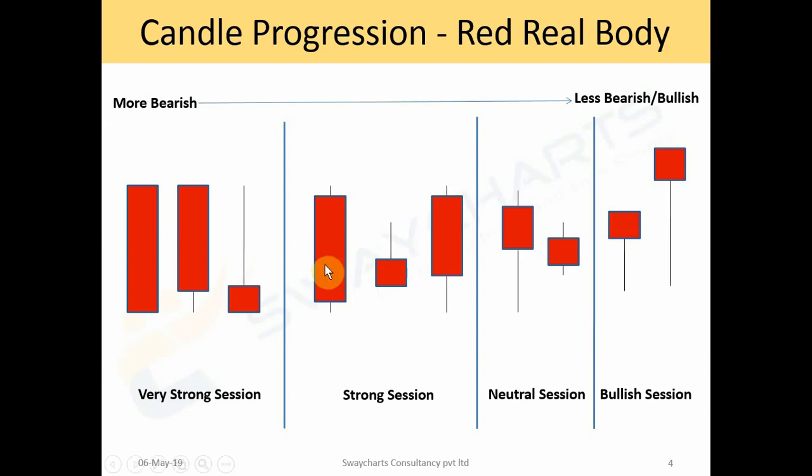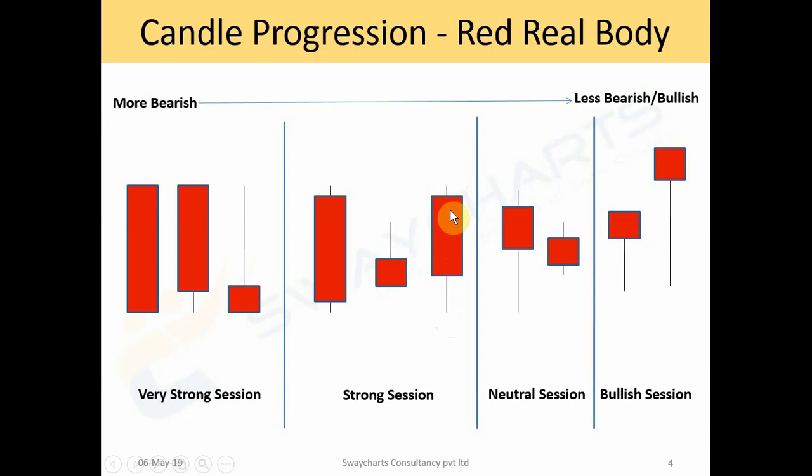Then again, if we see here, we have some small wicks, right? But yet this is also a strong session. Comparatively, with the length of the wick, this has been said to be a strong session, and this a very strong session. Again, if you consider this particular candle, we do see that there is some fall in the prices, right?